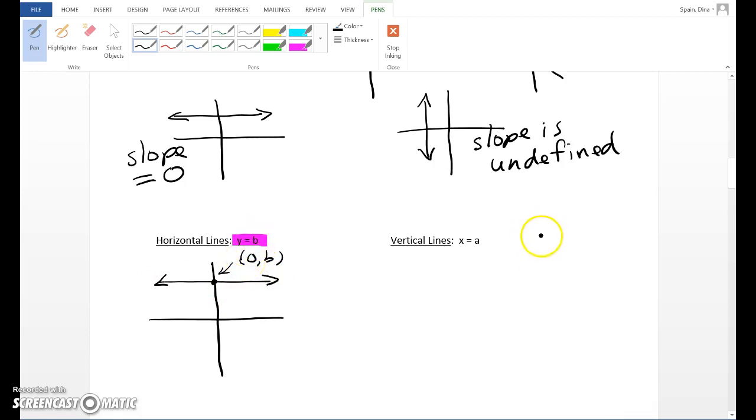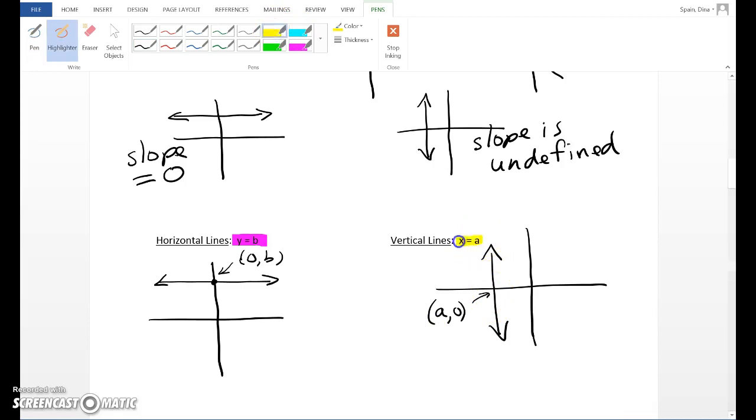So for a vertical line, the way I have it drawn here, a is a negative number, but that's okay. It crosses your x-axis at the point (a, 0), and it is a straight vertical line. But notice the equation of it, x equals a number.